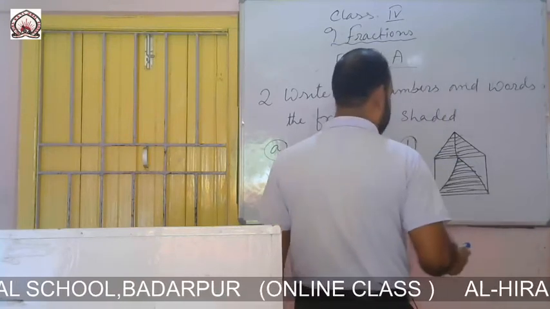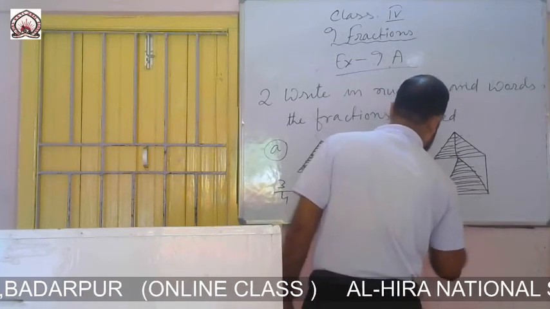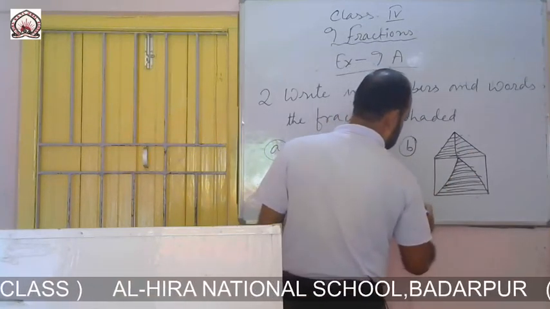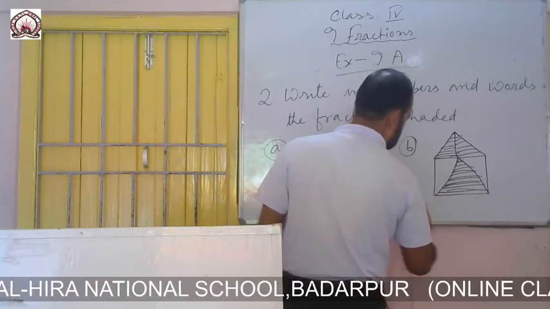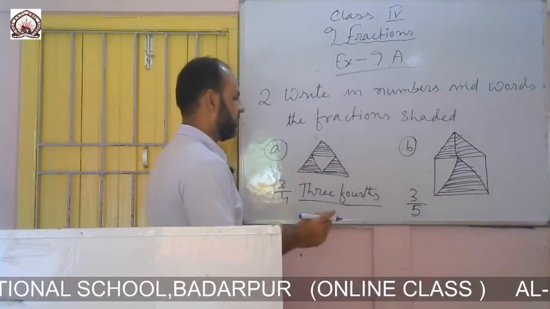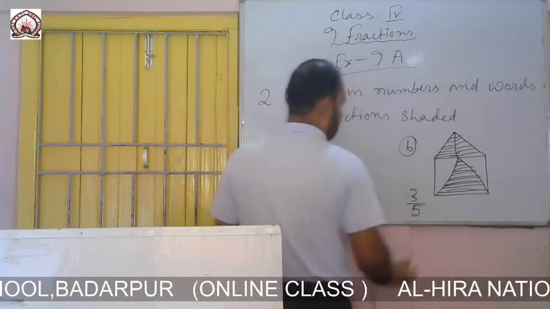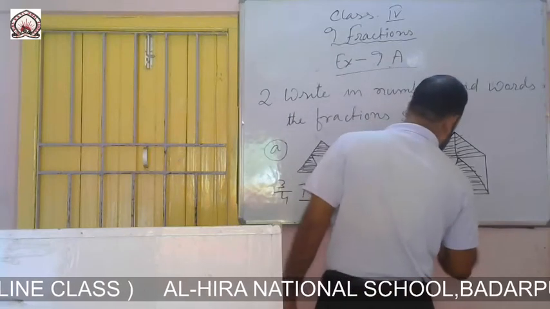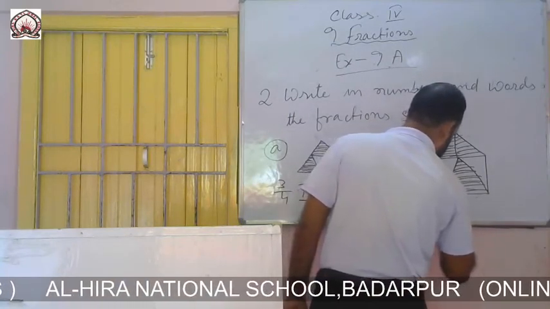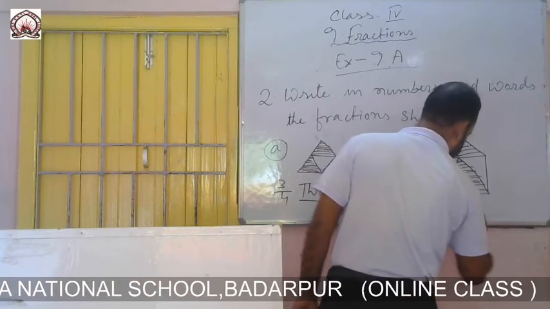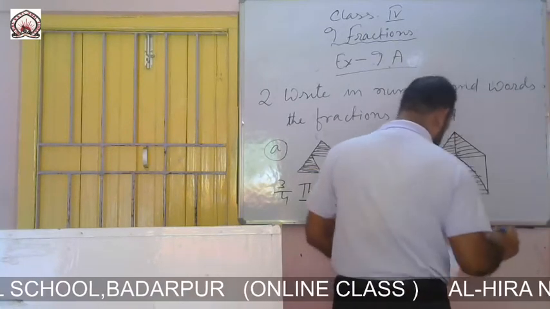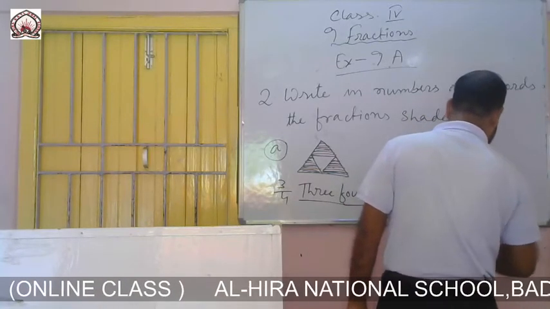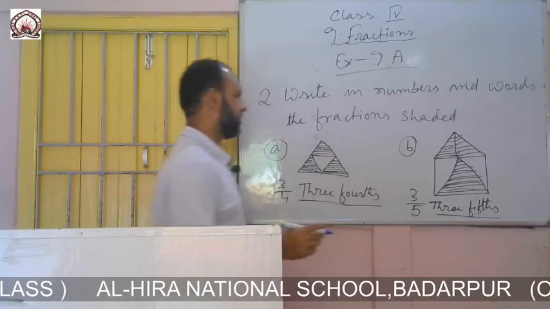So out of 5 parts, 3 are colored. So the fraction is 3 by 5. Total number of parts is 5. So 3 by 5, and if we write in words, then we write 3/5.